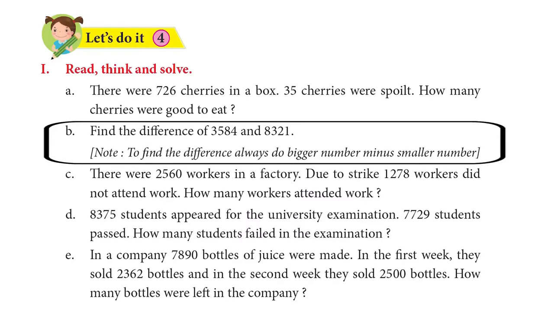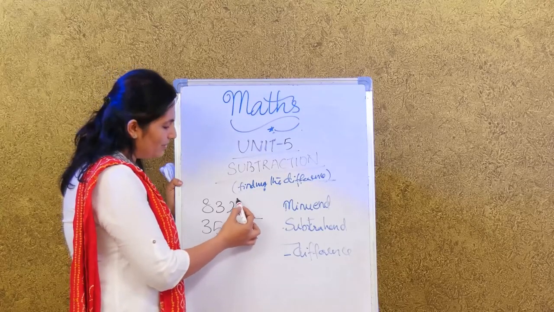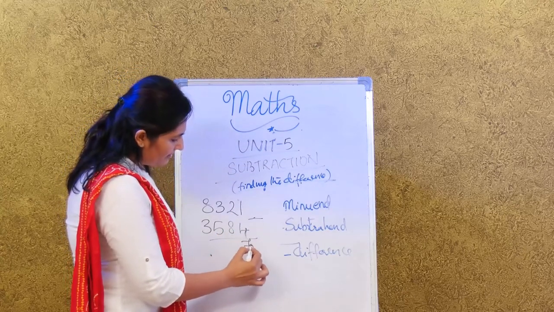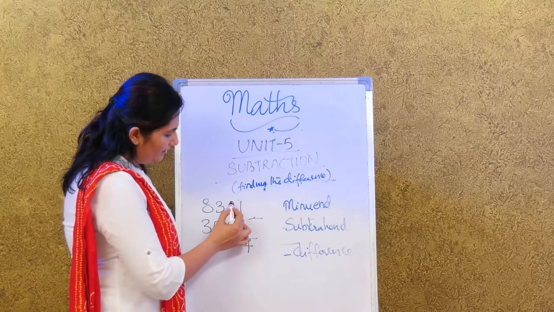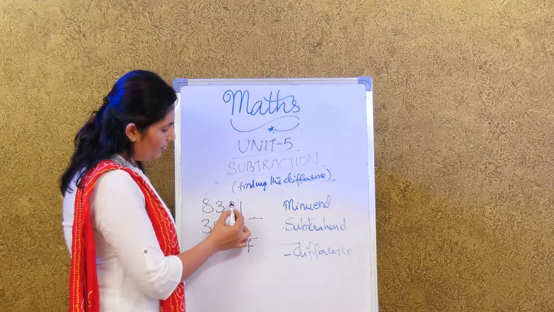Let's look at another one. Find the difference between 3,584 and 8,000. Look at the second sum. Alright, we start with borrowing because one is smaller. So, this becomes 11. 7 is the answer here, and here we have already borrowed. So, this has become 1. So, we will again borrow.